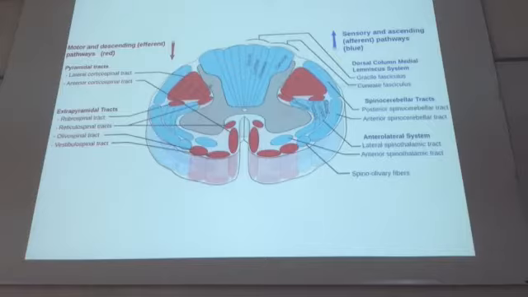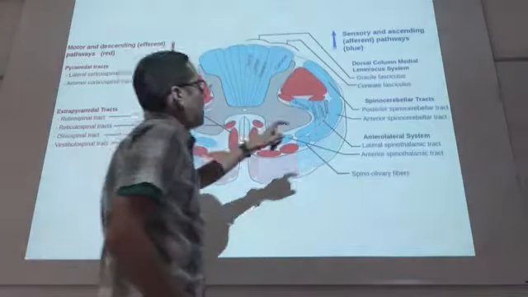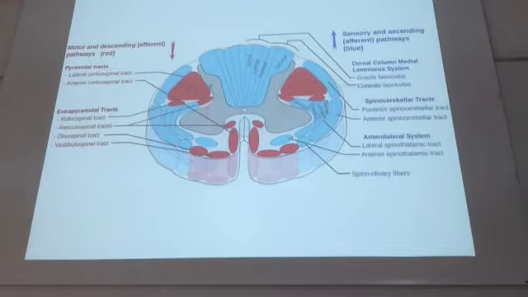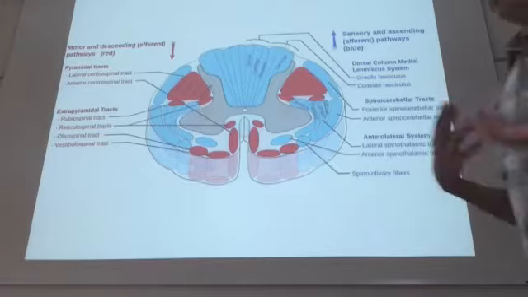And then again, we have other sensory information that is not necessarily conscious. The biggest one, of course, is the spinocerebellar tract. There are a few kinds of cerebellar sensations. Most of them have to do with our location in space.